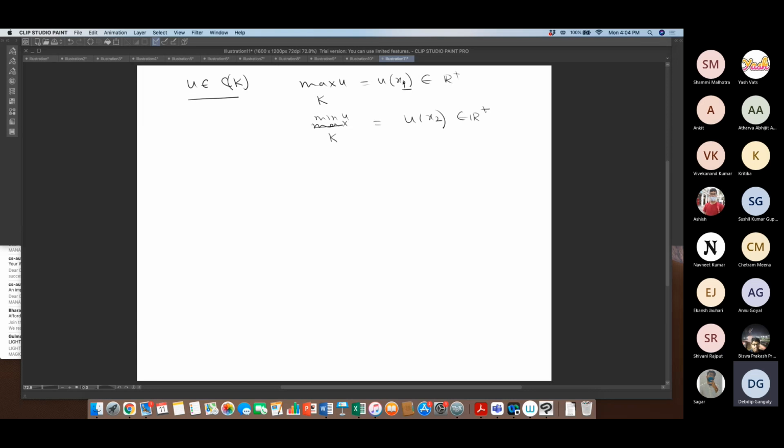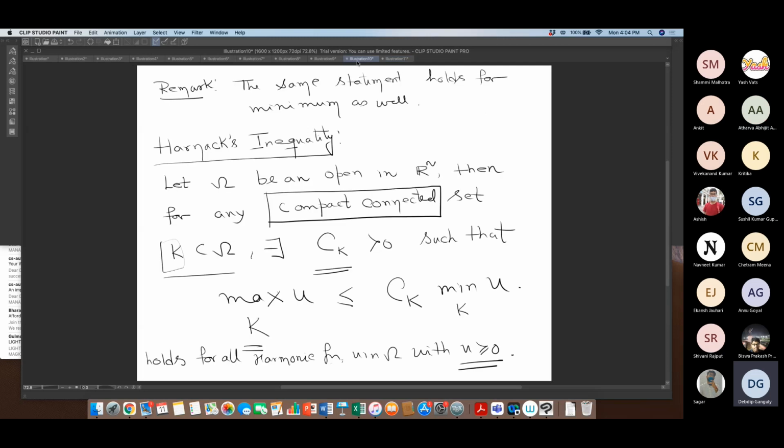So these are two non-negative real numbers, so we can always find a constant C such that u of x1, the maximum, is less than a constant times u of x2. Yes or no? Of course, this C depends on the compact set K. Yes or no? Then what is there in this inequality? What extra am I getting?